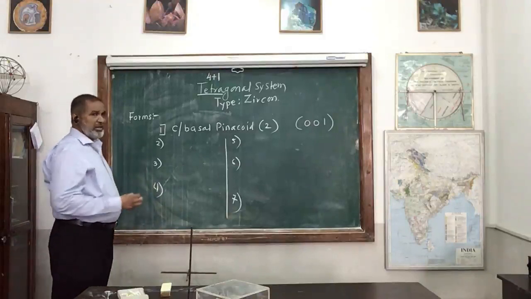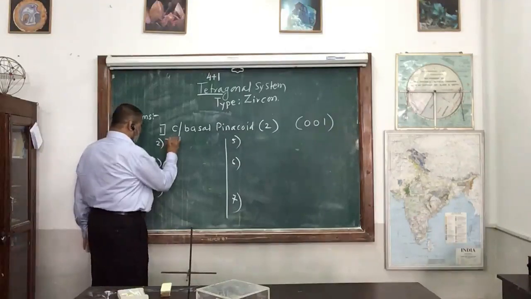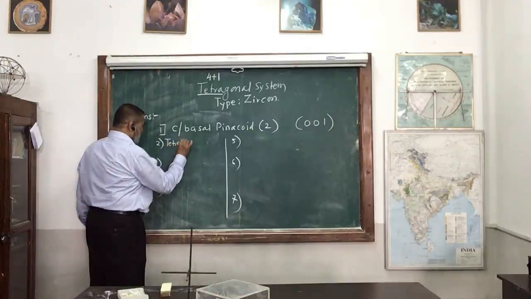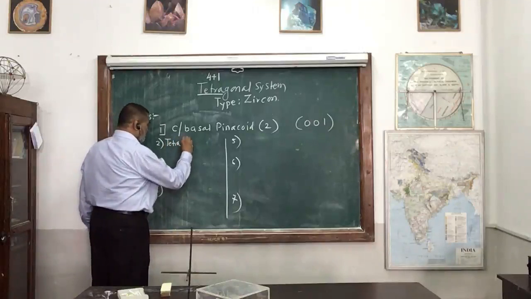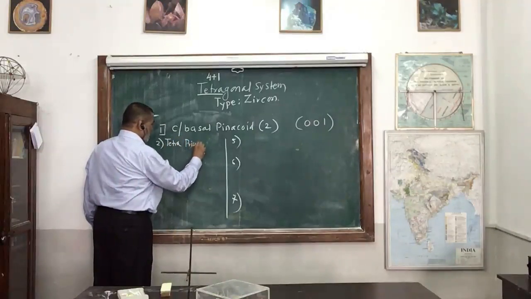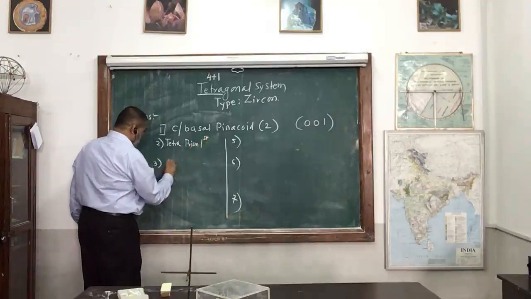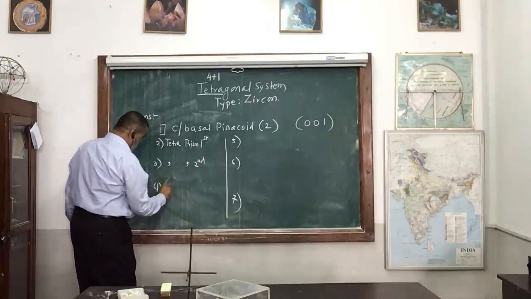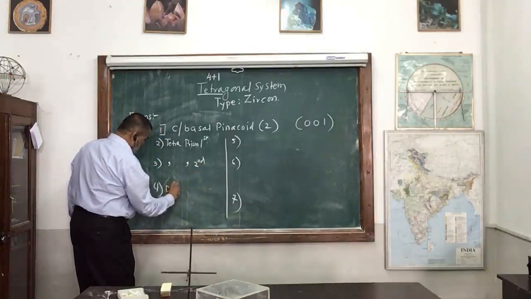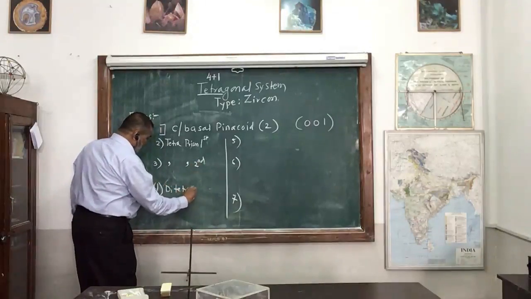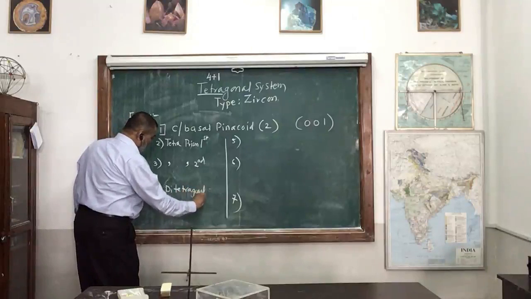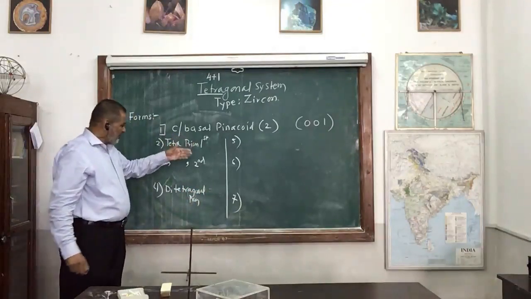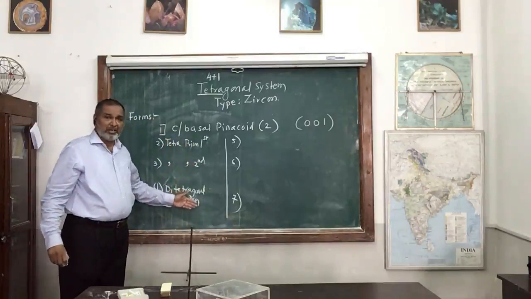This is the tetragonal system. So you always write tetragonal prism, first order; tetragonal prism, second order; and ditetragonal prism. So here we have written first order prism, second order prism, and ditetragonal prism.